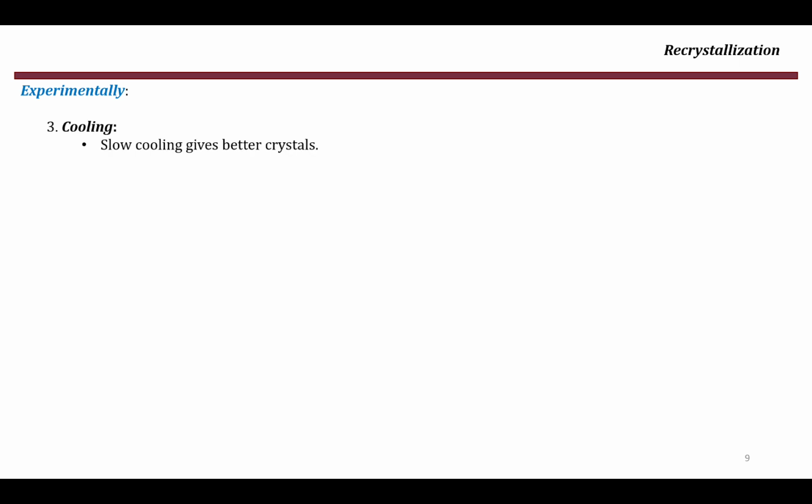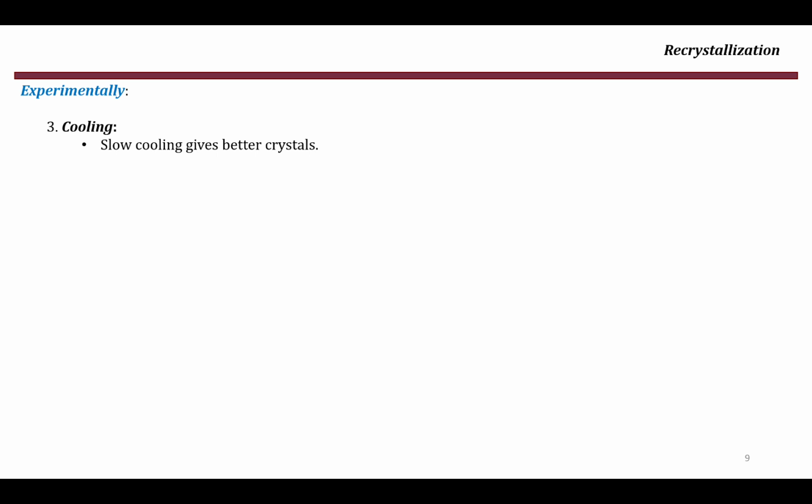Step 3, once your solution is clear, once you have removed all the impurities, now you have to cool the solution. You can either cool it slowly, so just leave it aside on the bench for some time, and it will cool down slowly, and this is the best thing because it will help in getting the best type of crystals.